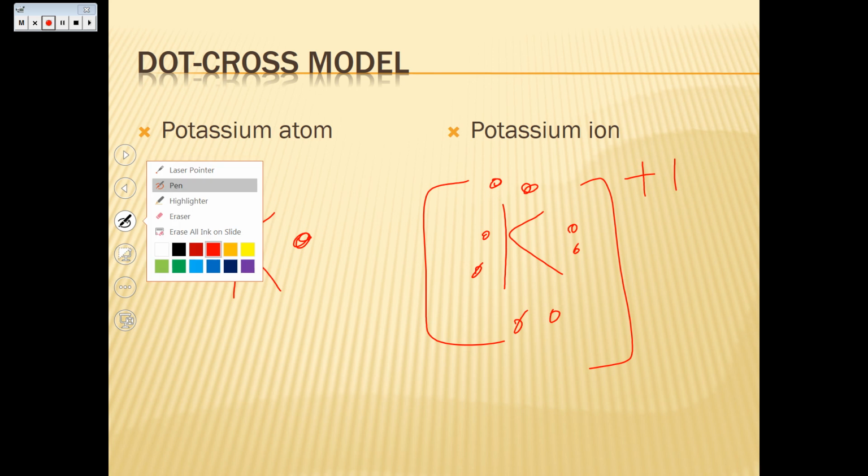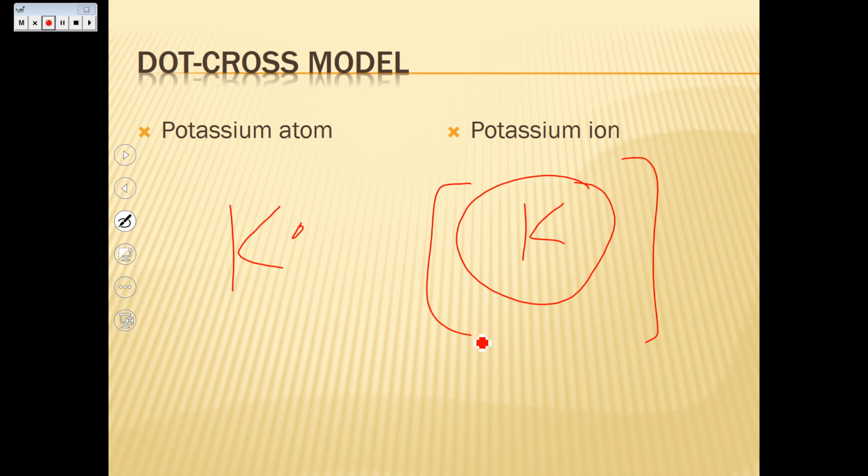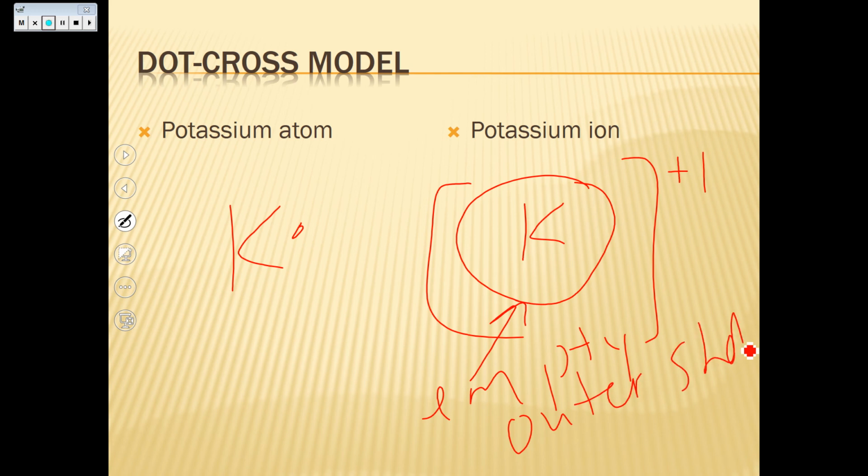And in some cases, I think your worksheet actually wants you to do it this way. I think your worksheet actually shows an empty inside shell and positive one here. So this represents the empty old outer shell.